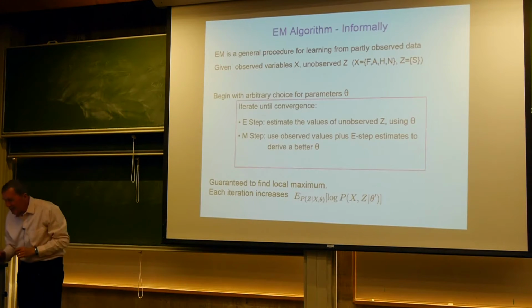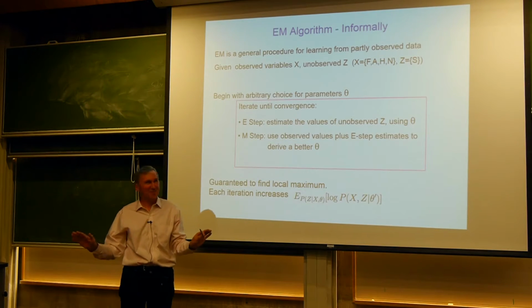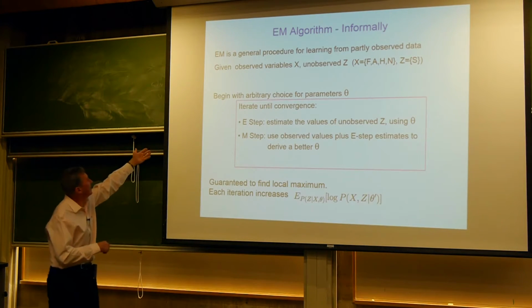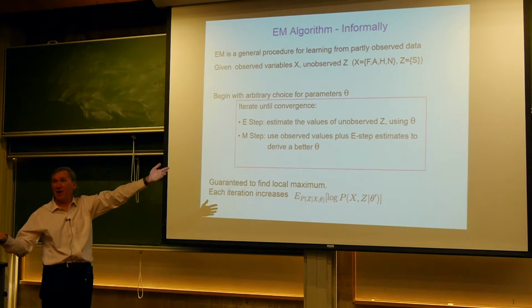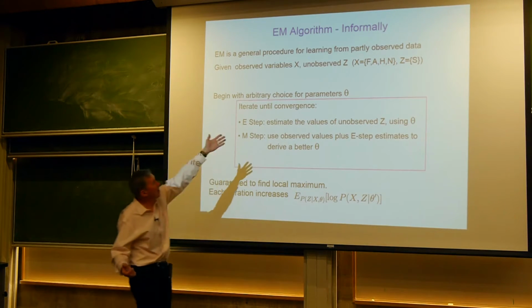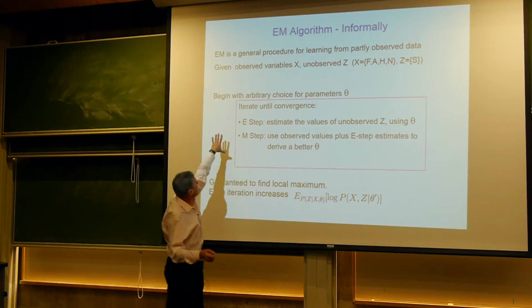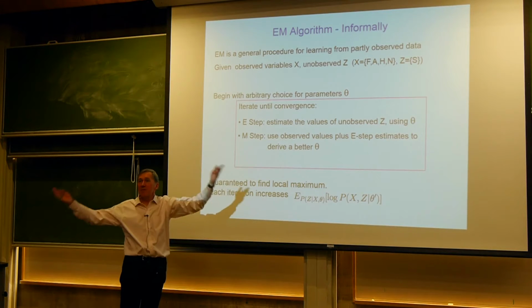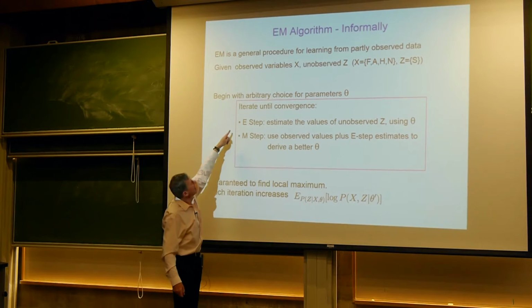Okay, so when you put this all together, you get a fortunately very intuitive algorithm, which looks like this. Suppose in general, we have a Bayes net with some observed set of variables x and some unobserved set of variables z. Then here's the algorithm. Just make up some thetas to begin with, and then iterate this process.